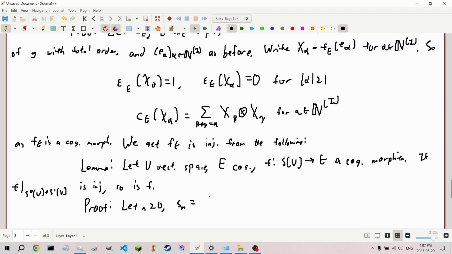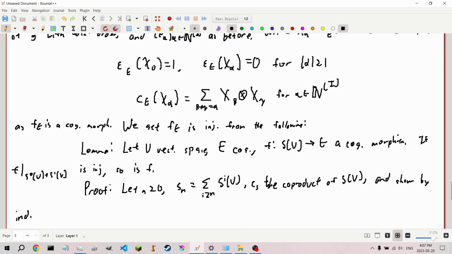Write Sn as being the sum of i at most n of Si of V. We're going to let Cs be the coproduct of S of V and show by induction on n that the restriction of F to Sn, I believe, is what they're trying to write there in a very weird way in the book, is injective.